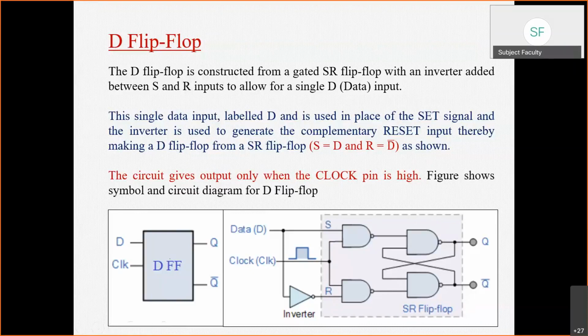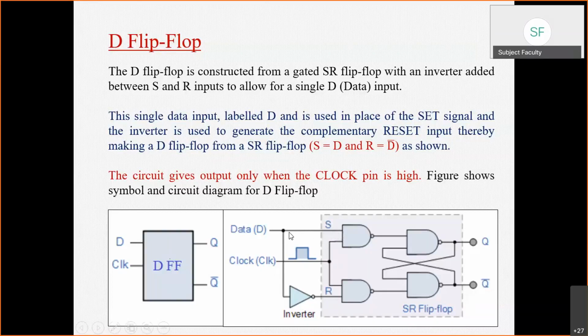It is nothing but the SR flip-flop, this shaded portion. Okay. Now what is the modification here? You can observe this is D. So the data input D is nothing but S only, because it is directly connected to S.